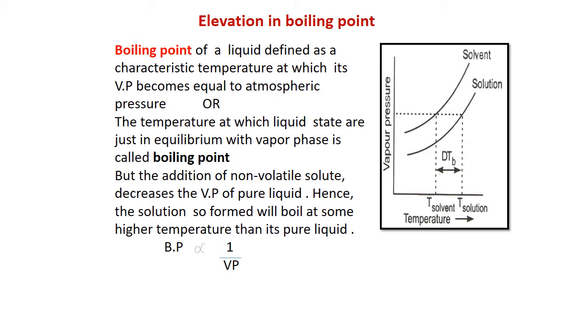This graph indicates the point of 1 atmosphere by a dotted line on the axis of vapor pressure, and the point at which the vapor pressure of solvent and solution are equal to this 1 atmosphere is its boiling point. So T solvent and T solution are given, and the difference between the two is delta Tb. It is the elevation in boiling point.